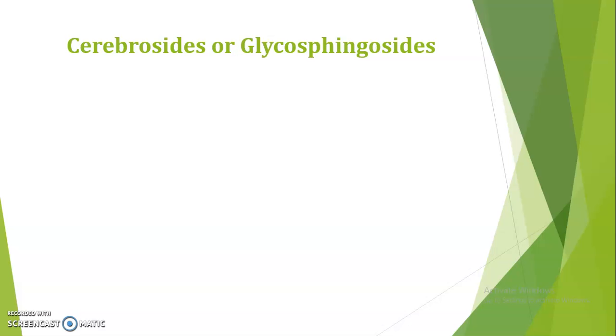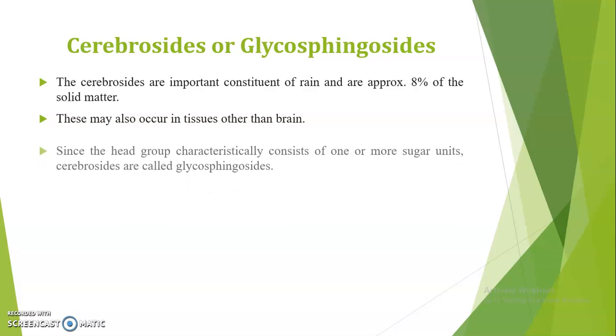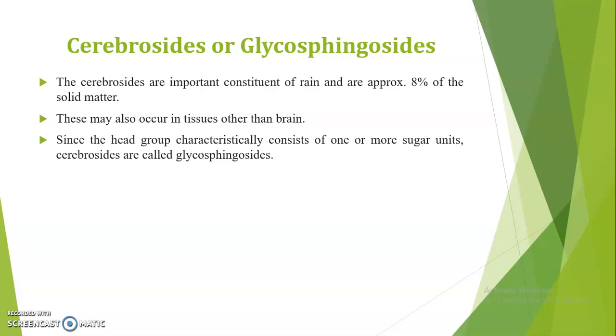Now, one by one, we will discuss these glycolipids. First, we will discuss cerebrosides. The cerebrosides are an important constituent of the brain, and approximately 8% of the solid matter present in the brain is made up of these cerebrosides. These may also occur in tissues other than brain, since the head group characteristically consists of one or more sugar units.